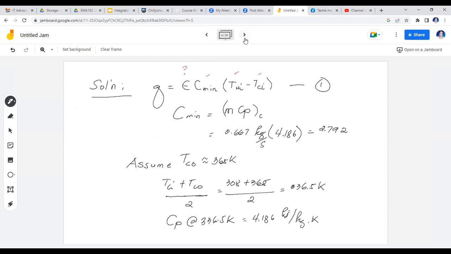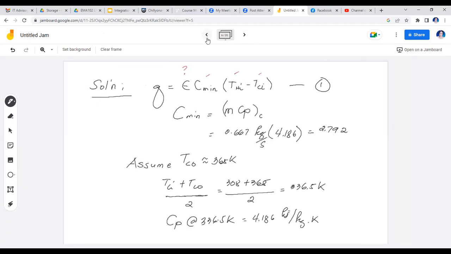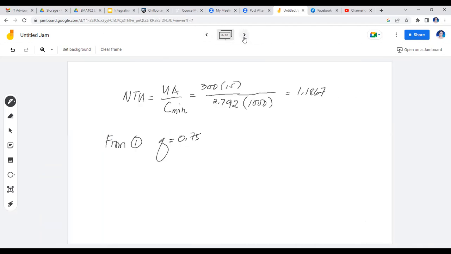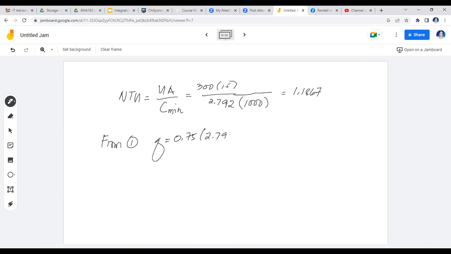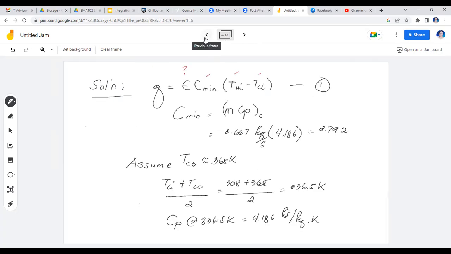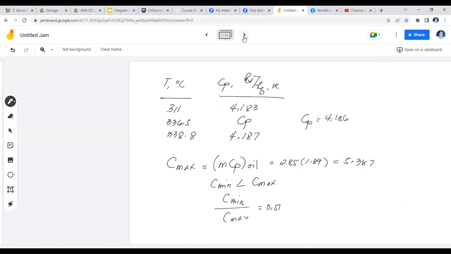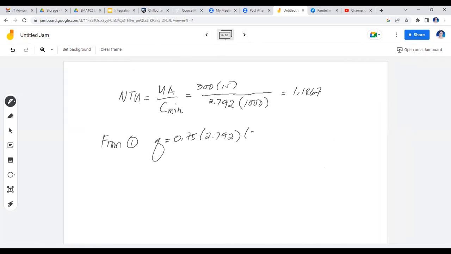So Q is equal to 0.75, that's your effectiveness, times the C minimum, which is 2.792, and we have the difference of the two inlet temperatures, 383 and 308. So can you please solve for the Q?